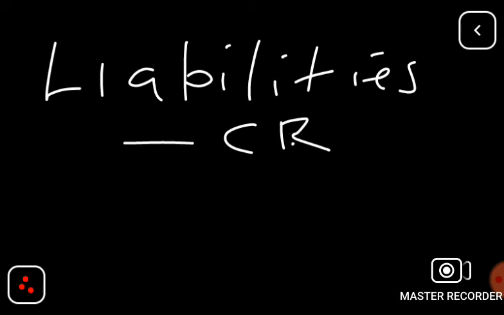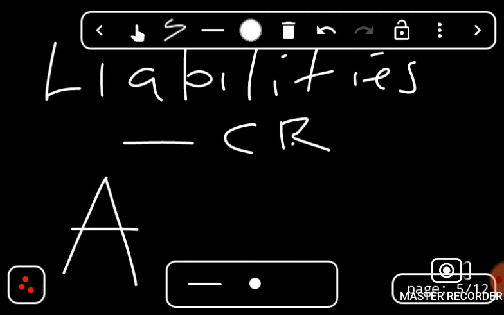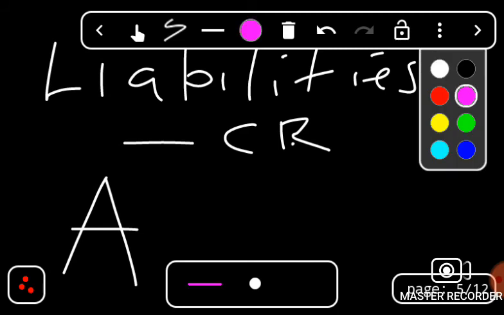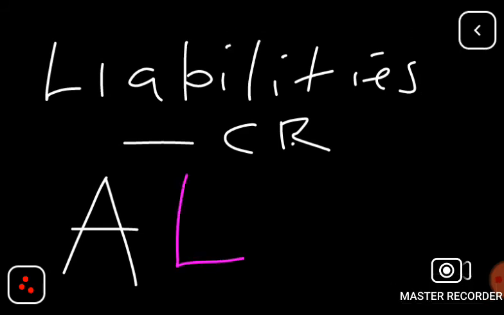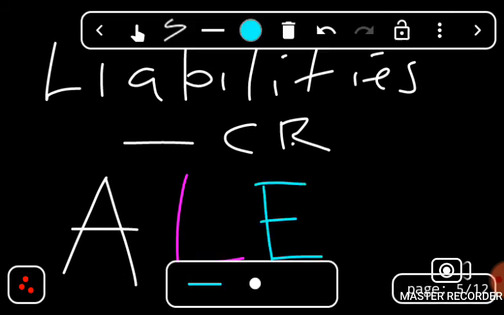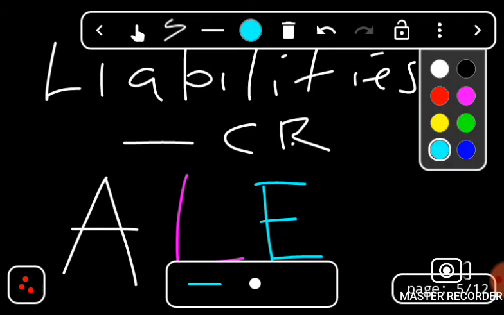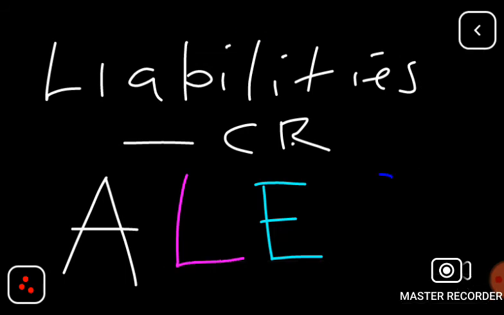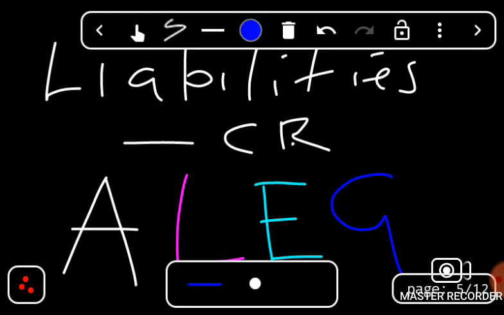A very good thing that I can tell you that would give you an insight on how to know when to credit and when to debit is this word called ALEG. ALEG is a word that we normally use.